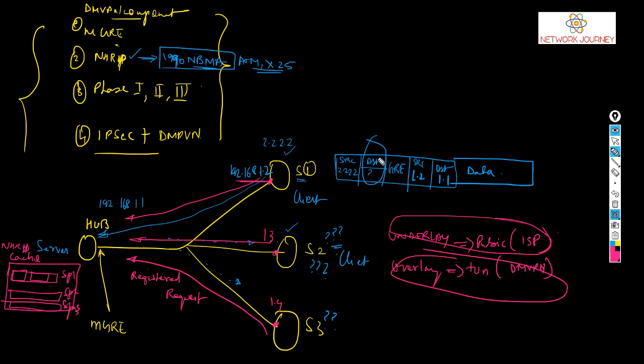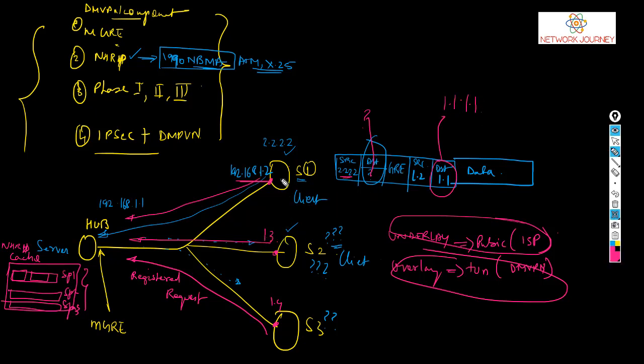Now whenever this packet from spoke 1 arrives at the hub, with the help of NHRP, we have this table ready. We are going to see, okay, so 2.2.2.2 is fine, the destination is a question mark, right? So what is the destination over here? It's 1.1.1.1, let's say. Now what is 1.1.1.1?